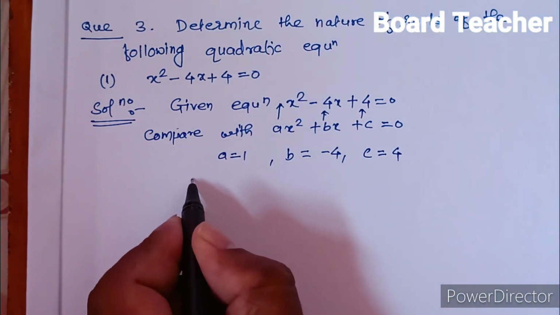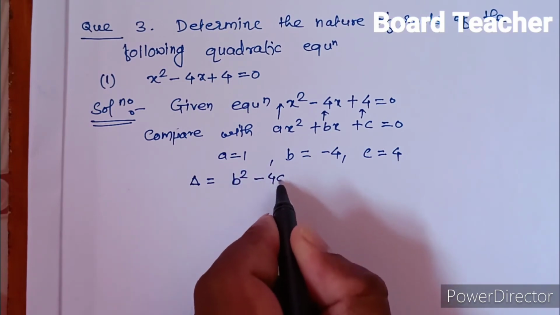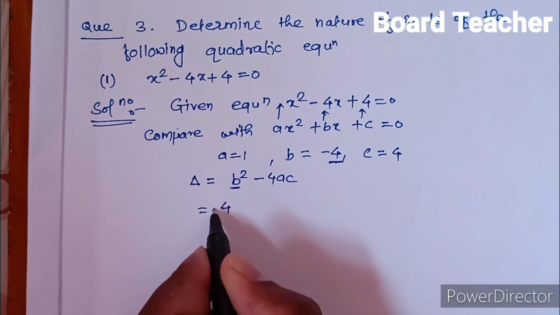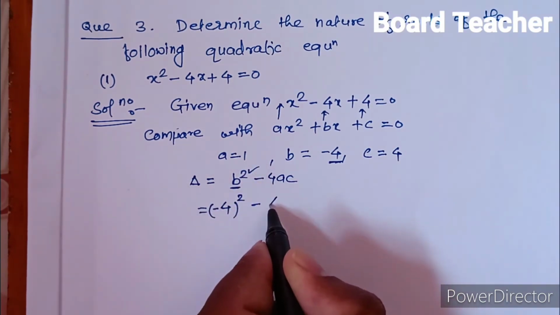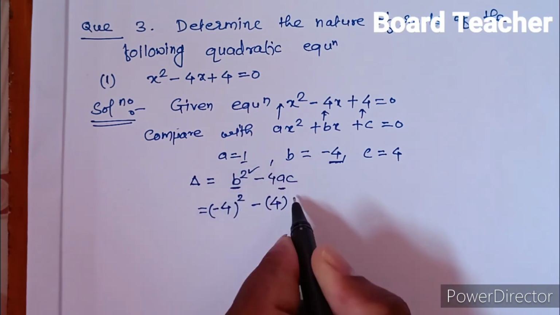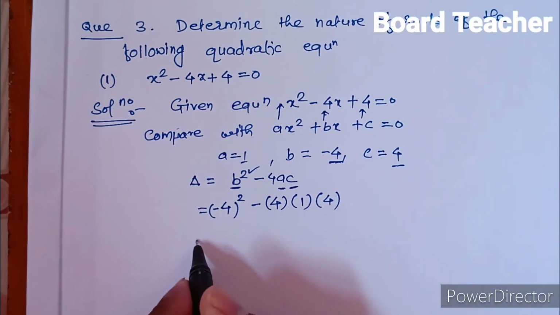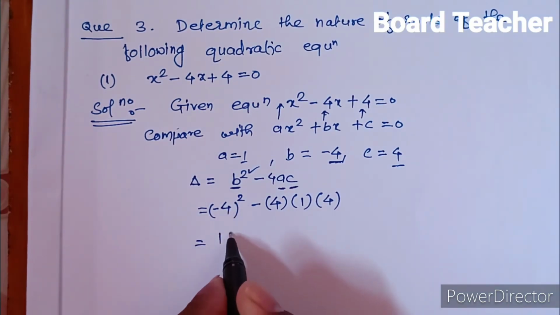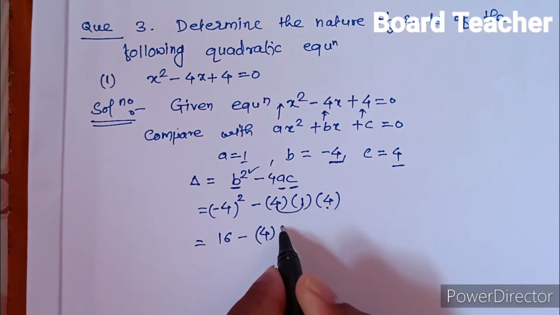Now we have to find the value of delta. The formula is b square minus 4ac. Here the value of b is minus 4, write down here minus 4 whole square, minus 4 into a, that is 1, and c, that is 4. Now on solving, square of minus 4 is 16, minus 4 into 1 into 4.